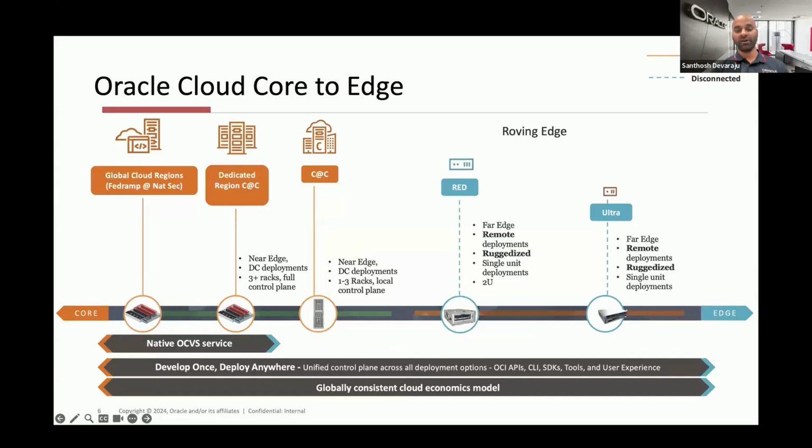If you move further away, which is the edge offering where you have remote manufacturing sites or remote offices, we have the smallest form factor, which is the 2U form factor, where you can deploy the Oracle Cloud Infrastructure services at the edge. The consistent message or solution here is you get the same experience, same tooling, same console, right from the Oracle public cloud all the way to the roving edge on your right side.